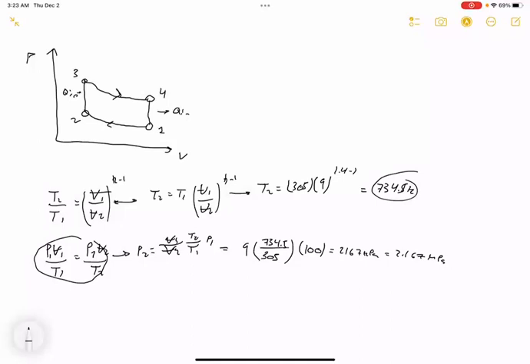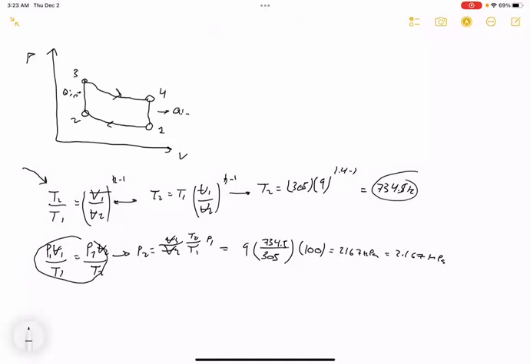But if you read the question, you'll see that they give us the temperature at state 4. So if we know the temperature at state 4, which is after the expansion process, and we know the compression ratio, we can use a similar equation to this one and work our way backwards from 4 to find the temperature at 3. And that's what we're going to do.